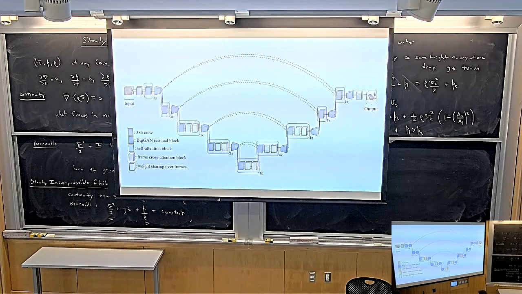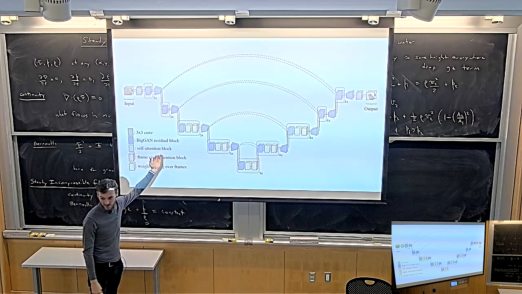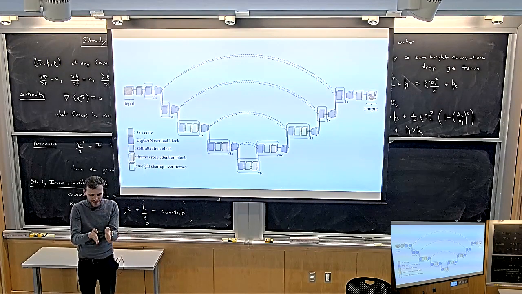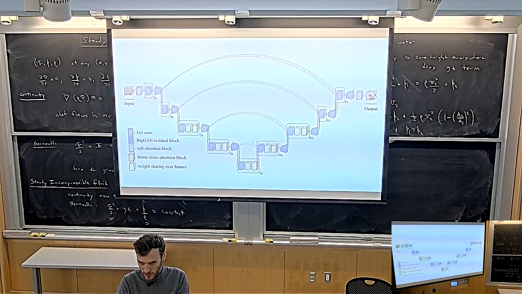So there's not much more to it, except for, of course, you can ask what neural network architecture you would use to do that. I'm just throwing it up to tell you that there's nothing particularly interesting there. The way this neural network architecture looks, it's a U-net. Who would have thought? And what you have is basically a Siamese U-net. So you have the clean image, the context image, and the image that you want to denoise.